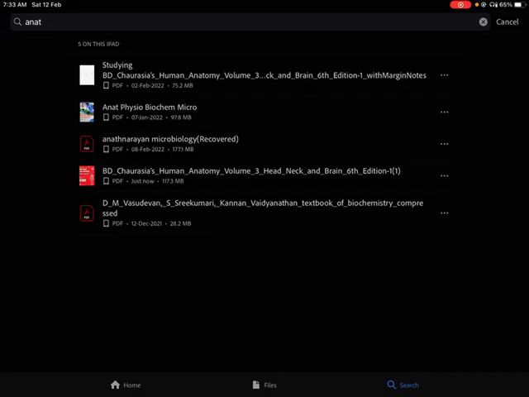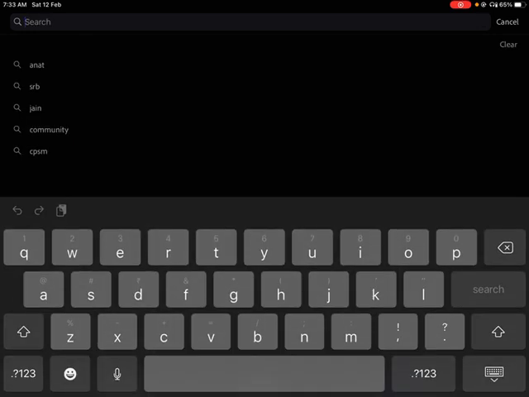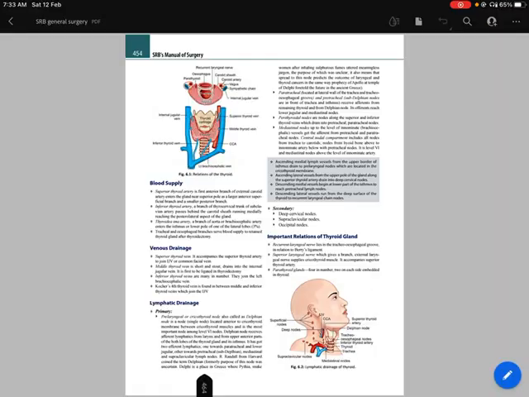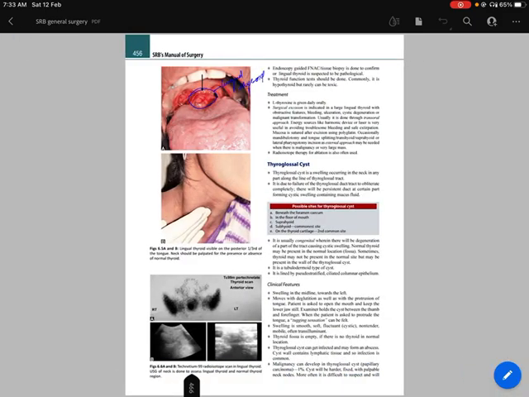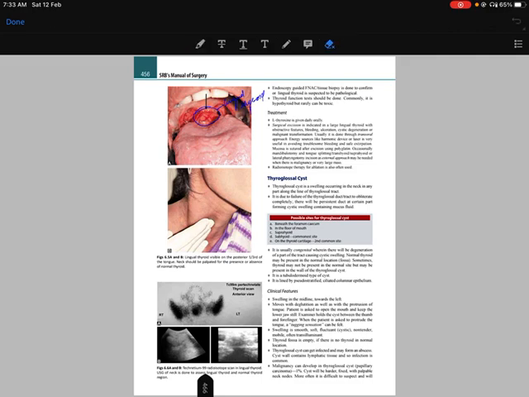Let's just quickly check what they mean in the text.